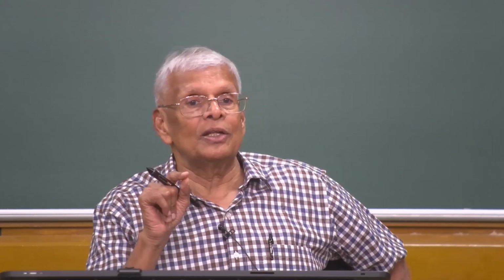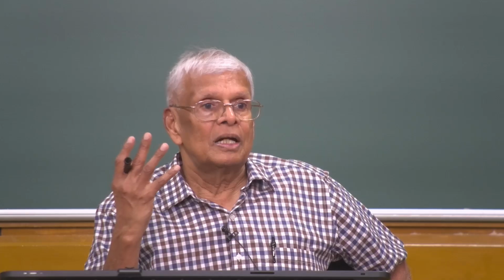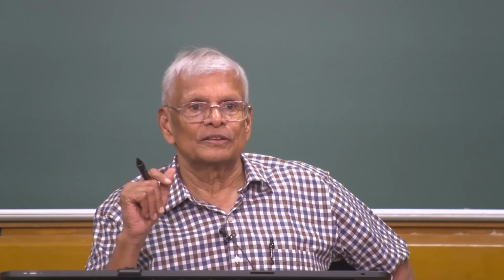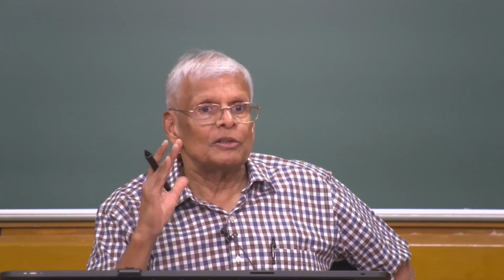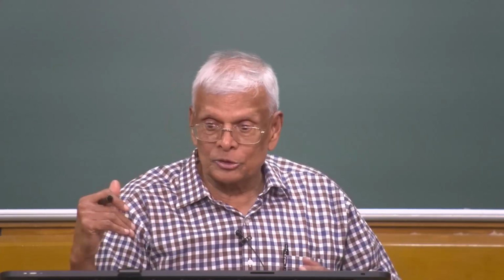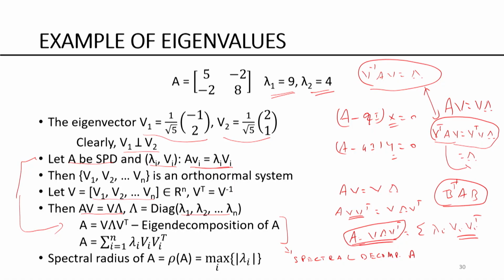So what does this tell you? The eigenvalues can replicate the action of A. Are you all with me? Eigenvalues are so important. Diagonalization is an important property. I am also relating the congruence transformation, similarity transformation, orthogonal transformation. Everything is coming together beautifully. And that's the thing I would like you to be able to enjoy. I hope you do.